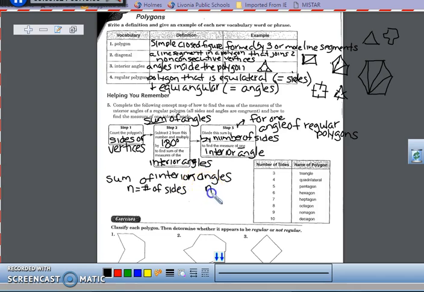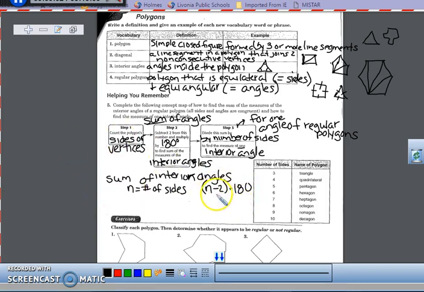We take the number of sides and take away 2. I'm putting parentheses around here because you want to subtract that first before you times by the 180. If you type it all into the calculator, it will times before it subtracts. So make sure you subtract it in your head and then times that by 180.